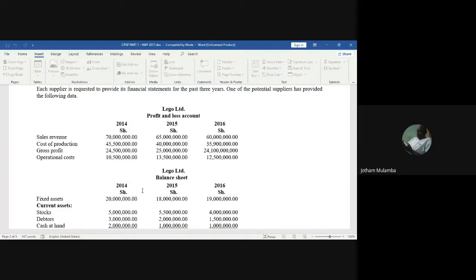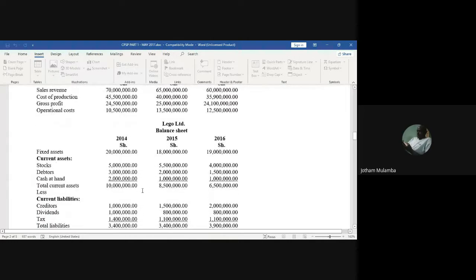Because we have gross profit, then we have operation costs, which are the expenses. So for 2014, it will be 24,500,000 minus 10,500,000 to get net profit. That's 14 million.